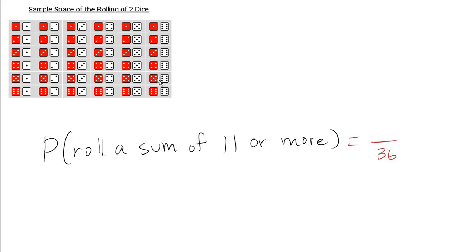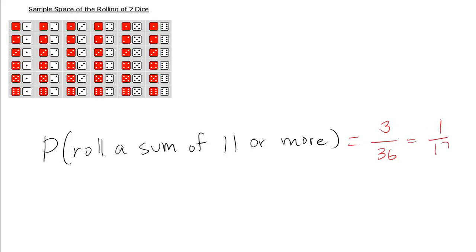Well, we've got this 5 plus 6, that's 11. We've got 6 plus 5, which is 11. Those are distinct outcomes because you got different numbers on the red die and different numbers on the white die. And then the boxcars, the 6 and the 6 in the lower right-hand corner. So that's 3 outcomes that satisfy the definition of our event. 3 favorable outcomes. So the numerator is 3.